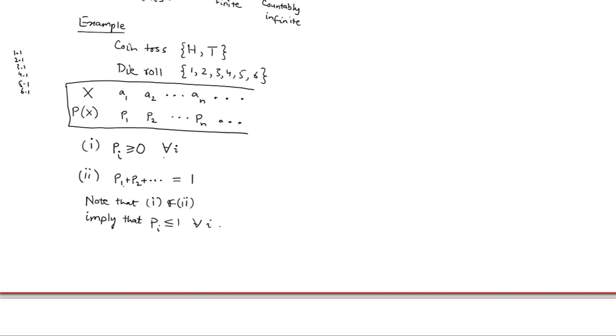Now, p1 and p2 and all of these numbers, p1, p2, p3, all of them, according to property 1, they are all positive numbers. Yes? None of them is negative. Now, if none of them is negative and the sum is 1, can any one of them be more than 1?